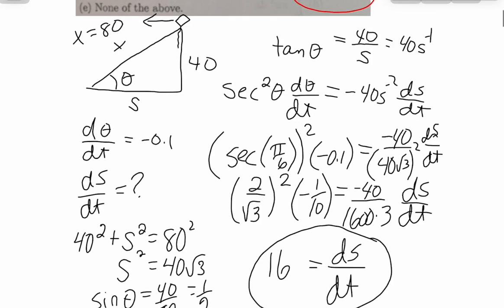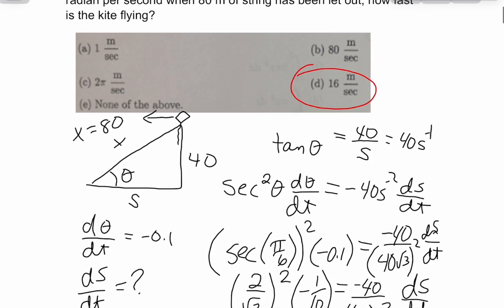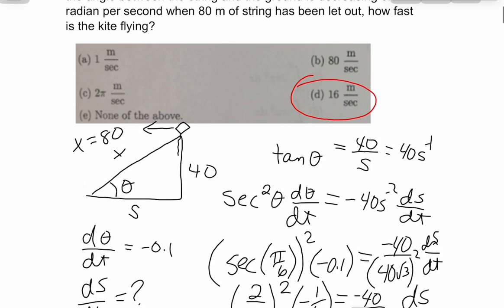The first thing you got to do is set up a relationship between theta and s. That relationship is the tangent of theta, which is opposite over adjacent. You don't want to use the x because they didn't give us dx dt.